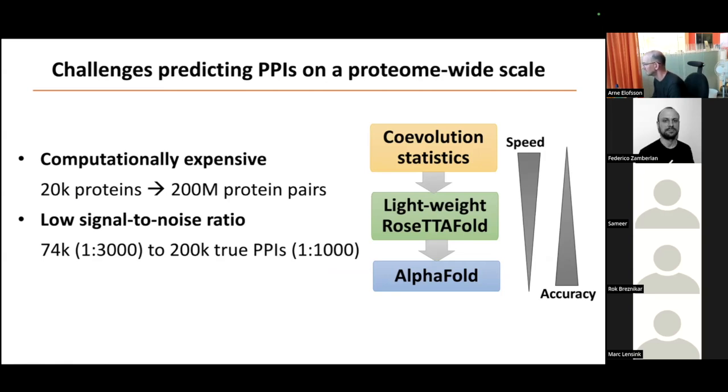From those, we identify the candidate interactions that have a higher chance of interacting, and then we only apply the slower but more accurate tools on those candidate interactions. So we balance between the cost and how much we can gain at the end. The tools we put into this pipeline keep updating as the field progresses very rapidly. In the beginning I was only using statistical methods, and now every pipeline that we use relies heavily on AI, which is now the best method for inferring co-evolution and identifying interactions.